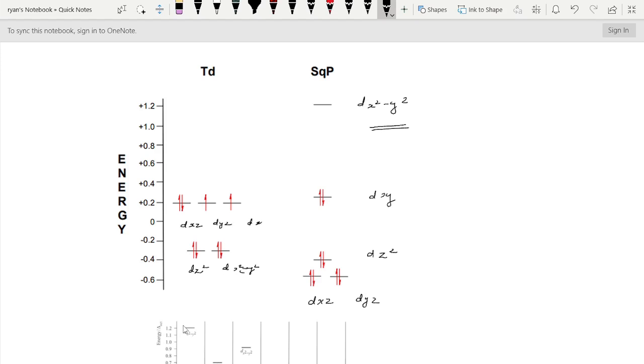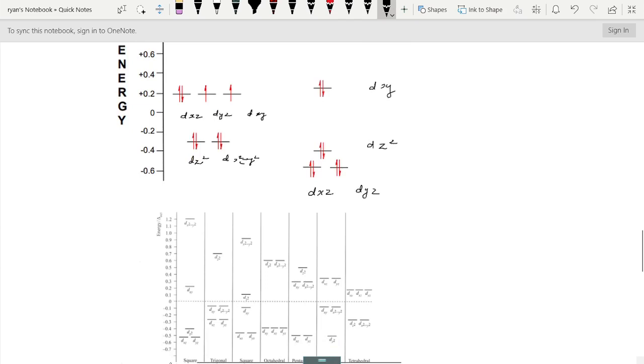Here dx² minus y² is occupied. You can check tetrahedral.